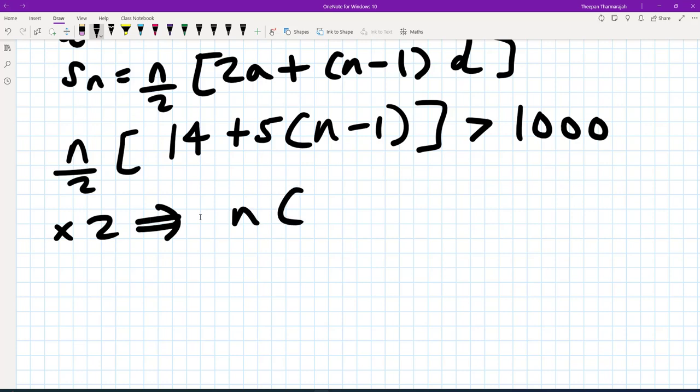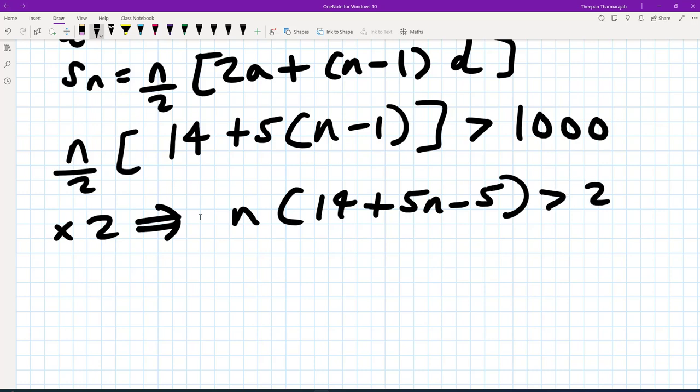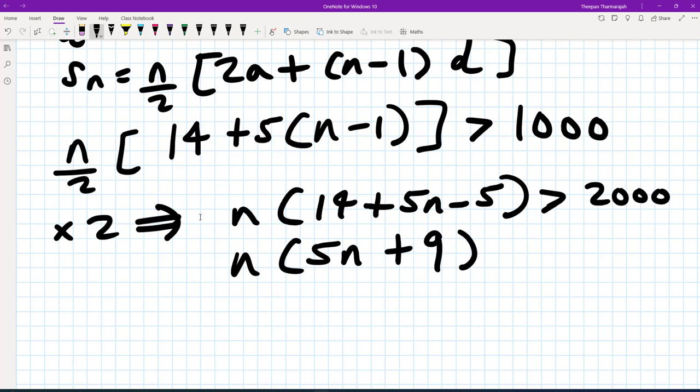So n times 14 plus 5n minus 5 is strictly greater than 2,000. Now, n times 14 minus 5 will give me 9. So I get n times 5n plus 9 is strictly greater than 2,000.